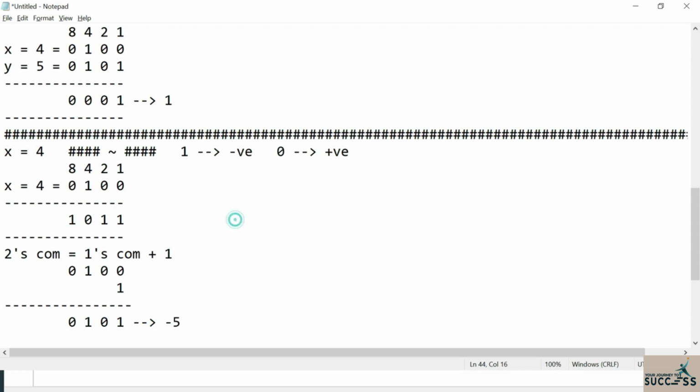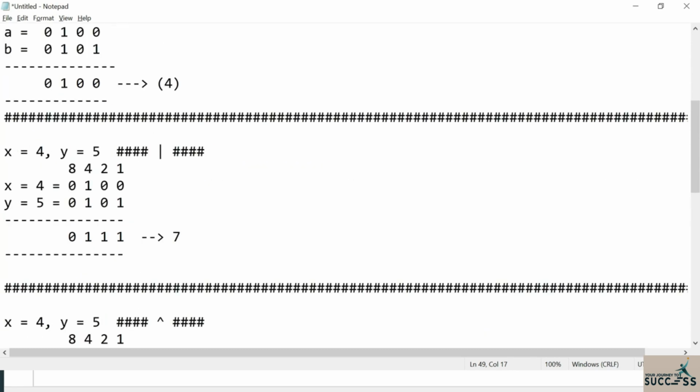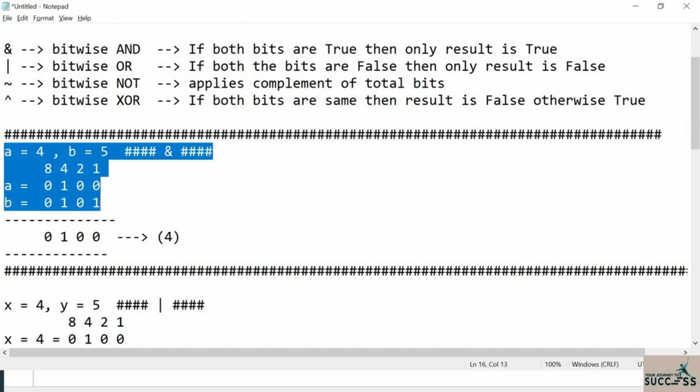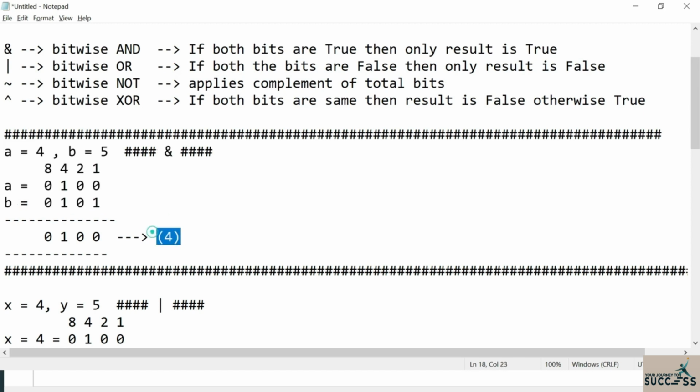So in this way we can find the complement. I hope all of you understand these 4 operators. Let us try to execute the same thing in the IDE for better understanding. Internally it calculates based on binary numbers, but the output is displayed in decimal numbers only.